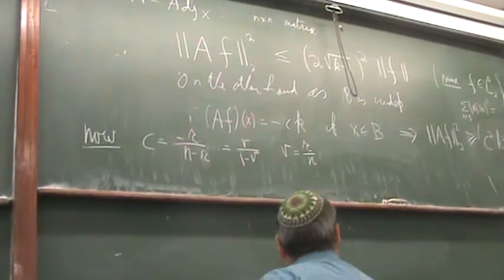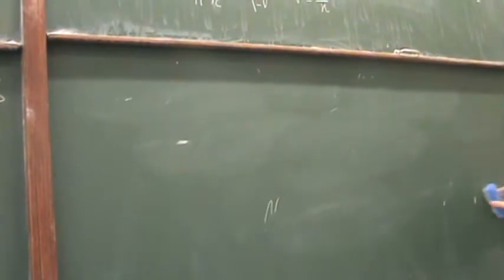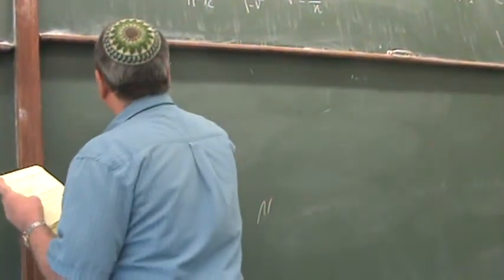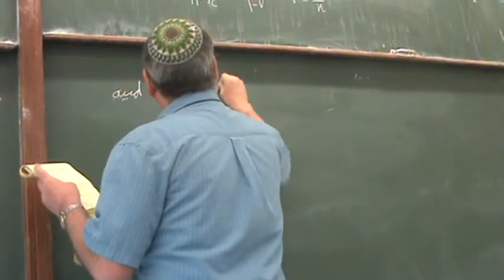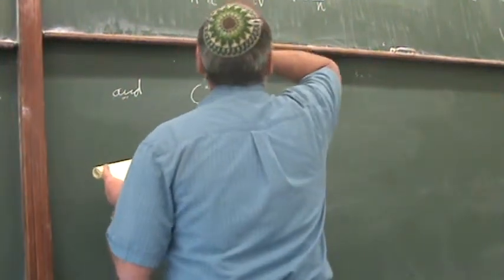These are the little tricks. And let's write it. So C squared k squared times R is at most the norm of AF.